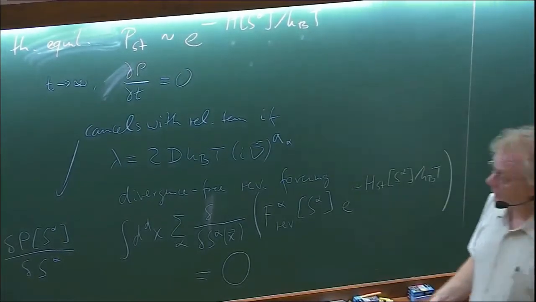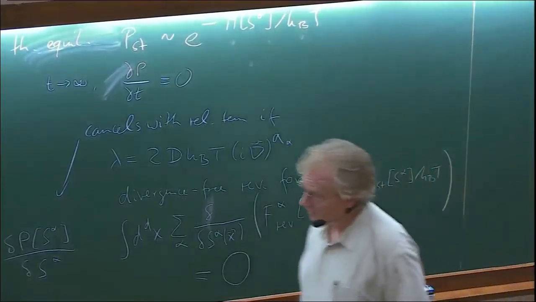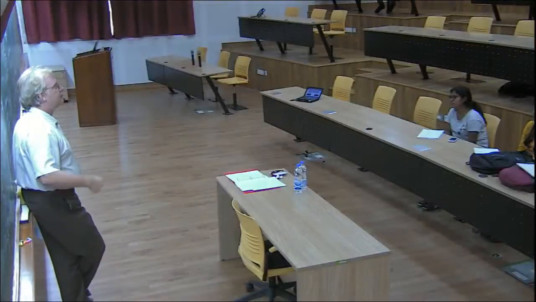Because if we go back to this condition, this zero temperature form of these reversible couplings does not quite satisfy that, because it only lives at zero temperature. You have to fix that.